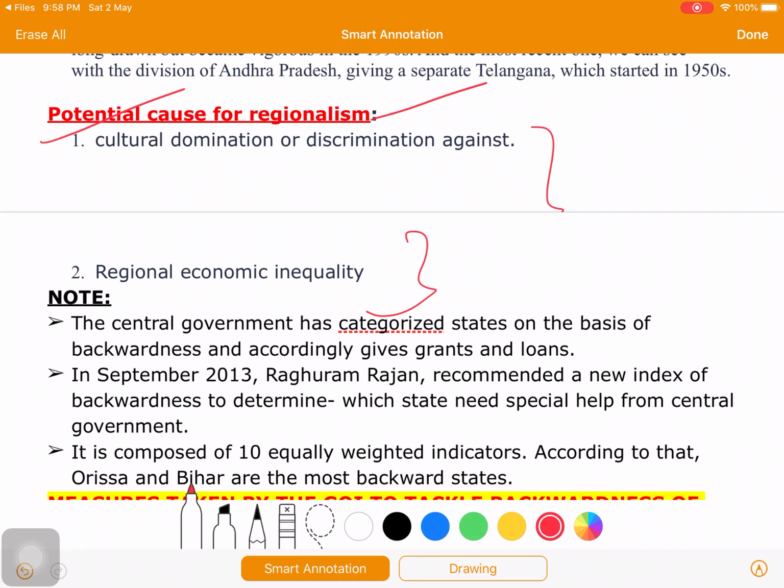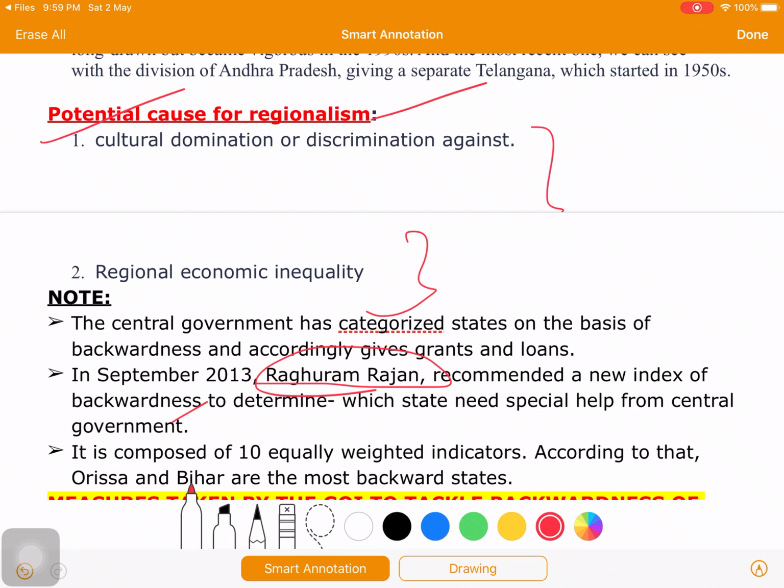In the year 2013, the Raghuram Rajan Committee recommended a new index to define backwardness for the states: which states need special help from the central government? And here, please keep a point in mind.